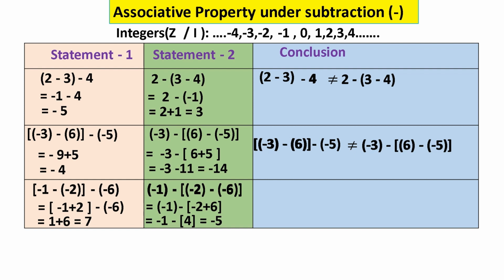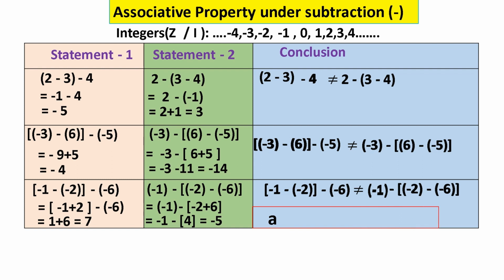Now in statement 1 we get 7, and in statement 2 we get minus 5. These are not equal. So minus 1 minus of minus 2 minus of minus 6 is not equal to minus 1 minus of minus 2 minus of minus 6, with the brackets grouped differently.